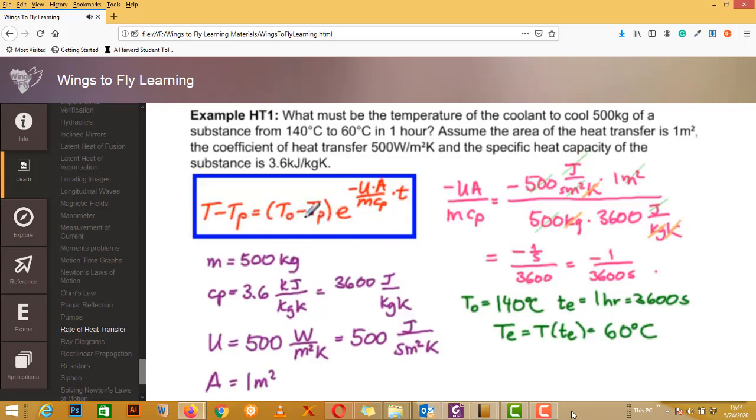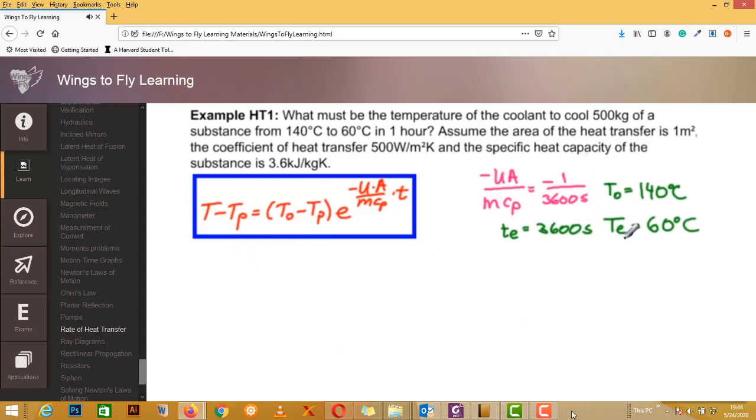Let's go for it. So we're substituting for time t end. So we have 60 degrees Celsius minus Tp equals 140 degrees Celsius minus Tp, then we have e to the minus 1 over 3,600 seconds times 3,600 seconds. How convenient. And so we have 60 minus Tp.